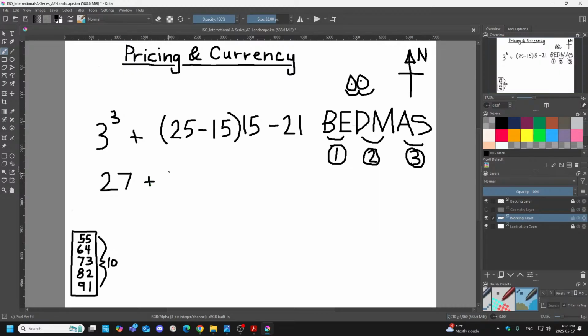Plus, now I'm going to write it like this because I like to be organized. It doesn't matter if the 15 is on this side or on this side. If you're still multiplying to something, you're still multiplying to something. It's all the same. Okay, so I'm going to do what's inside the brackets first. 25 take away 15, right?